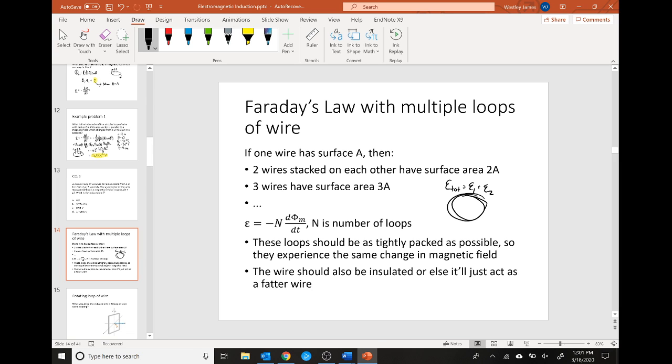So if I had 3 loops, N would be 3. If I had 5 loops, N would be 5. And so, for instance, in that previous problem, we could make the voltage 5 times as strong by making 5 of those same coils on top of each other.